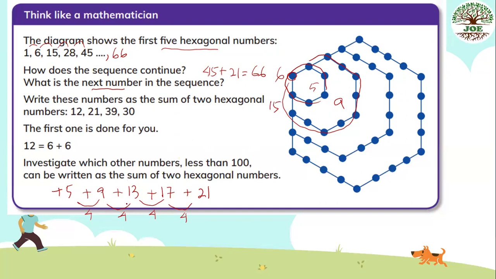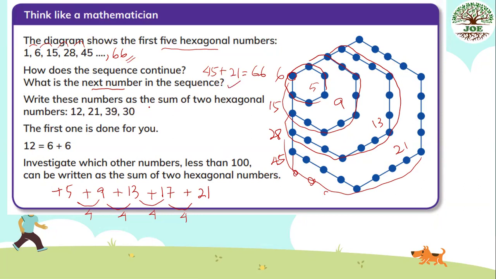And another 13, and this number is 28. And again, this is 21 altogether, from here to here, so altogether 45. And the next one is 66. Okay, this is our first part. Our next term is 66.